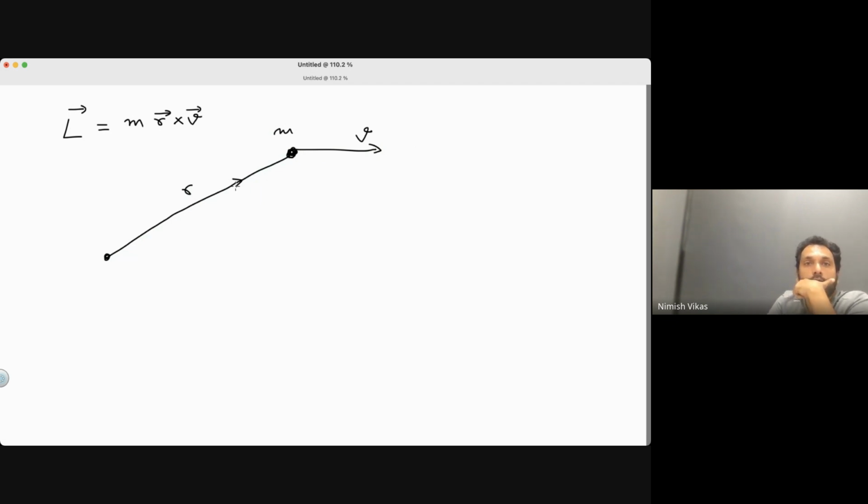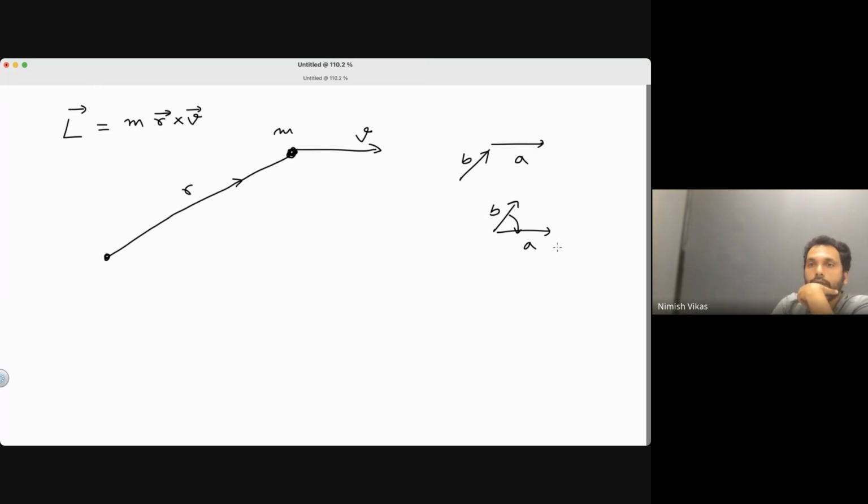So what is the r vector and how do we do a cross product? To do a cross product of, say, this was A, this was B, first you have to lift the B and put the tails together. So you'll have to redraw like this is B, this is A. Then if it is a B cross A, you turn your fingers from B towards A. So when you do that, if you can look at me, the thumb is going inside the plane.